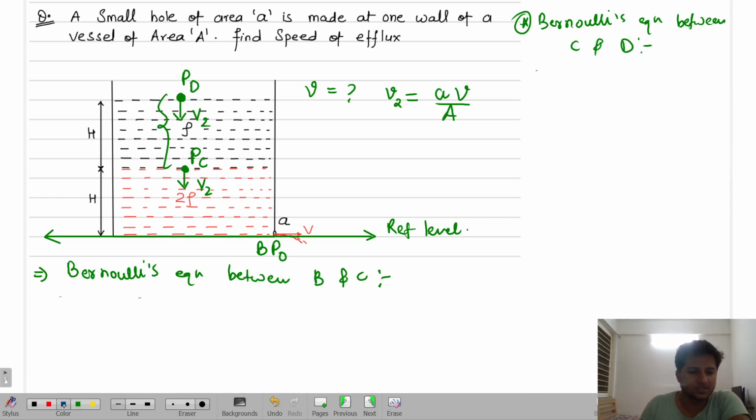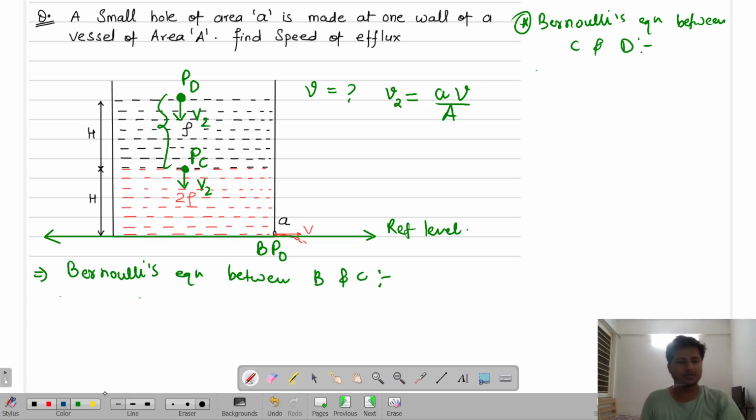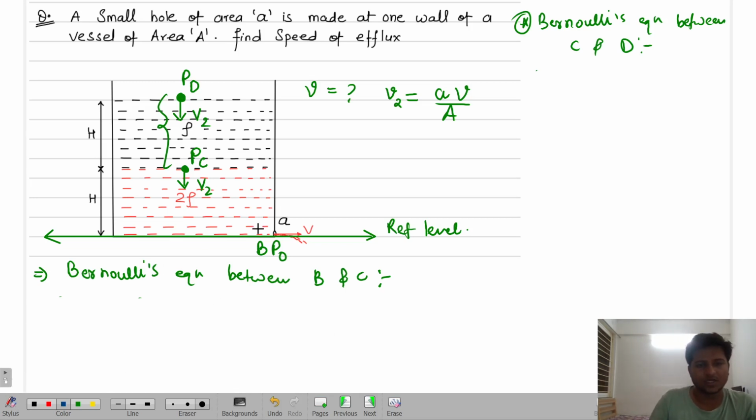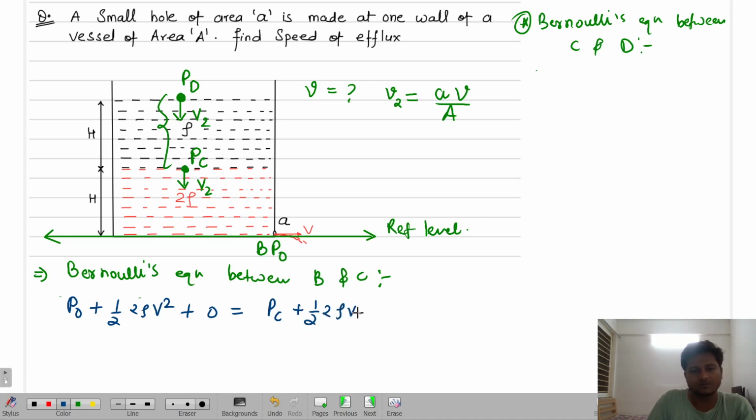Okay, now look over here. When applying Bernoulli's equation between B and C, the liquid is the same, not 2 rho. So between B and C, it is P naught plus half into 2 rho V square plus 0, and PC plus half into 2 rho V2 square plus rho GH, right?